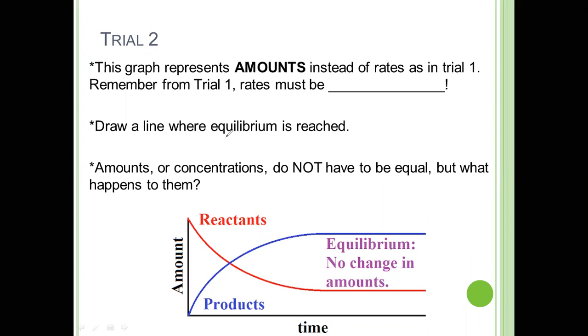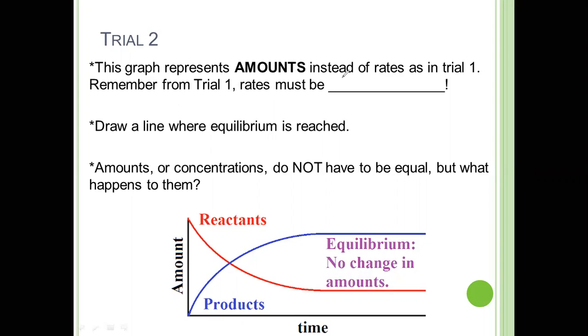What happened was you ended up with the amounts not being equal in the same way that they were in the first trial. So he then showed you this graph with amount. So amounts on this side instead of last graph where it was rate.